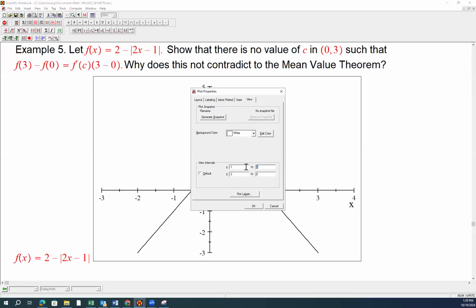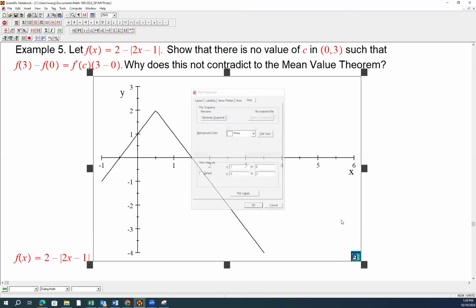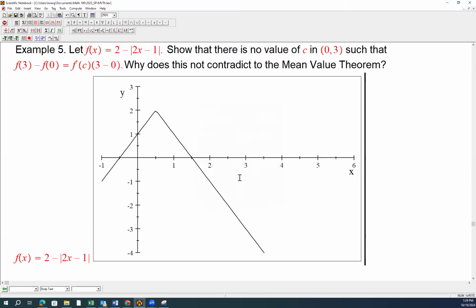The interval of our consideration, let me make some more adjustments. This will make it maybe 6. And this maybe 3. The interval of our consideration is between 1 to 3. Oh no, sorry, 0 to 3, my bad.